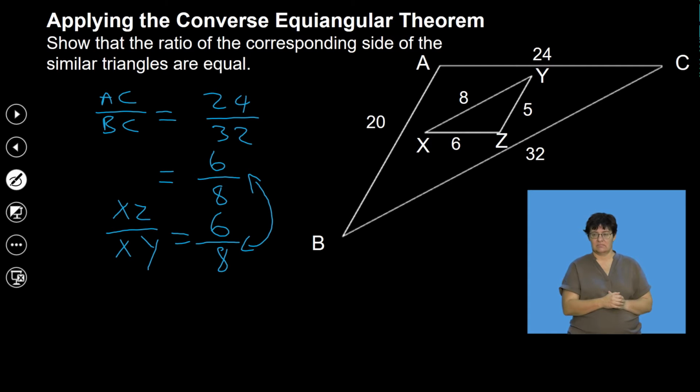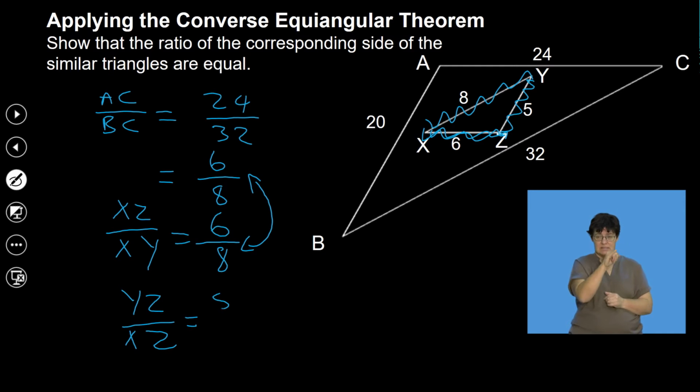Now I've compared XZ with the XY there, right? Now I want to compare the YZ with the XZ, because I haven't compared that. And if I do that, it's the smallest side and the following one in terms of ascending order. So that will be YZ over XZ, and this will be 5 over 6. This must be the same as, what is the smallest side on the bigger triangle? It will be the AB.